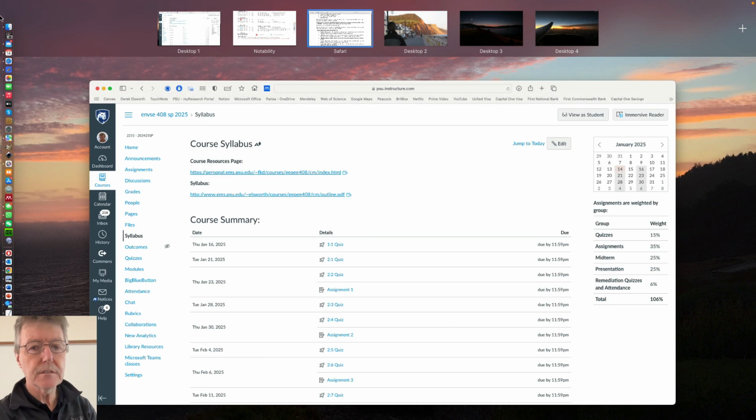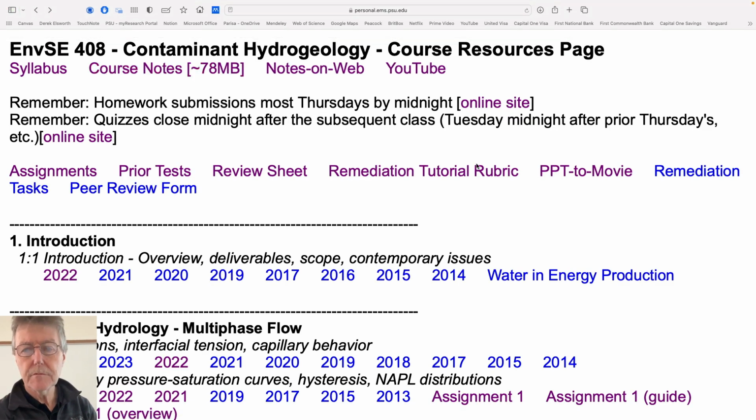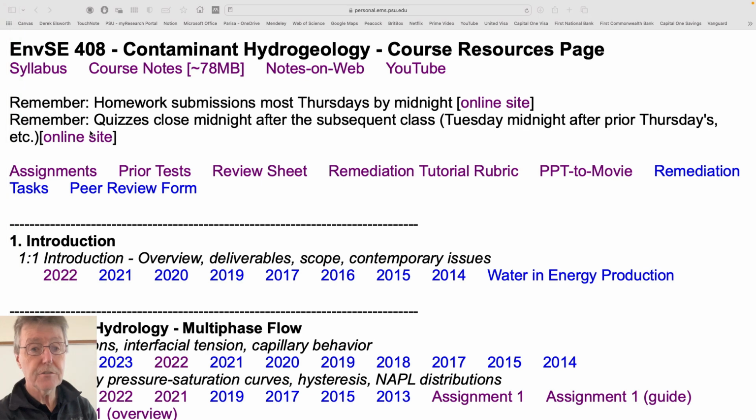Is this the form that I mentioned before? This is it. So I'll get you to submit this form here, which is pretty straightforward.